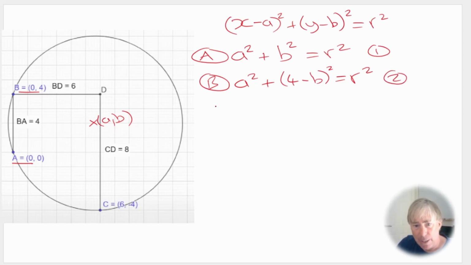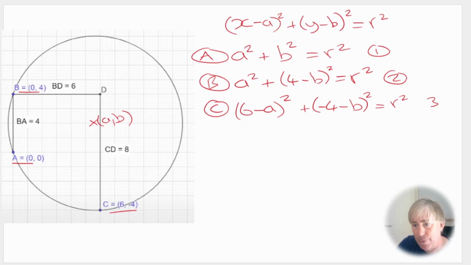And then finally, we're going to put in point C, which is down here. So now we end up with (6 − a)² plus (−4 − b)² equals r². There's our third equation. So we can now go ahead and solve those simultaneously.